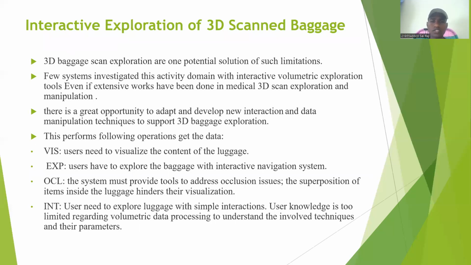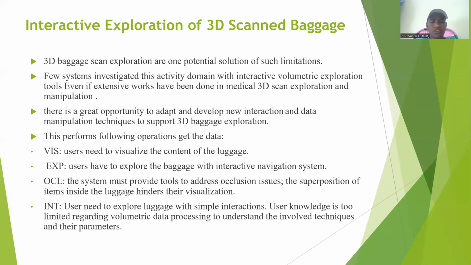So we can overcome these limitations. Few systems investigated these activity domains with interactive volumetric exploration tools. Even if extensive work has been done in medical 3D scan exploration and manipulation, there is a great opportunity to adapt and develop new interactive and data manipulation techniques to support 3D baggage exploration.